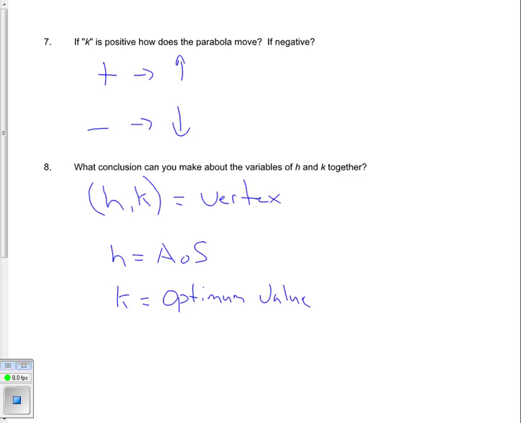Okay, so the vertex form of the quadratic equation is super useful in terms of being able to pull the most characteristics of a parabola out, and definitely something that you should be reviewing.